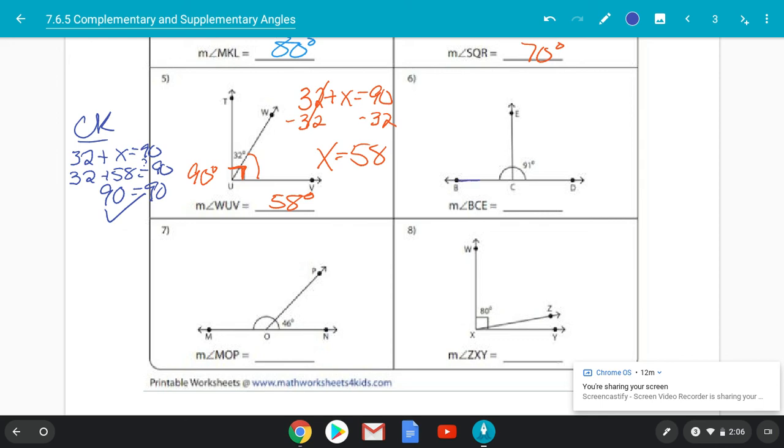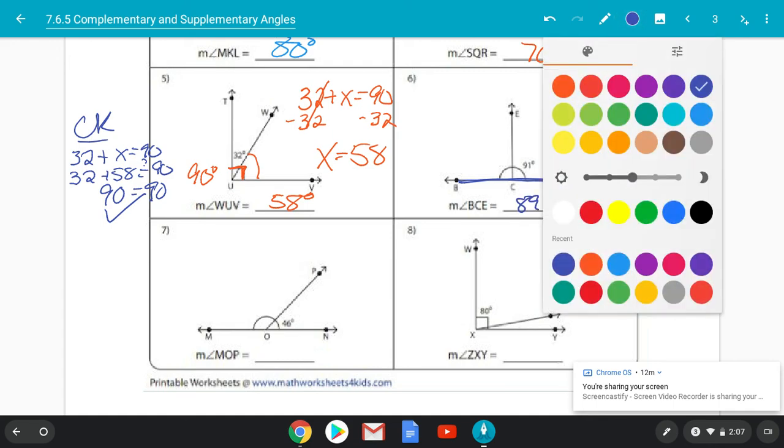All right, in number 6, I see this straight line here. So again, I know that these are supplementary angles, meaning that they add up to 180. So I have 91 plus x equals 180. For this one, some of you knowing 90 plus 90 is 180 might be able to eyeball it, or we can subtract out that 91 from both sides, and we're going to get x equals 89 degrees.